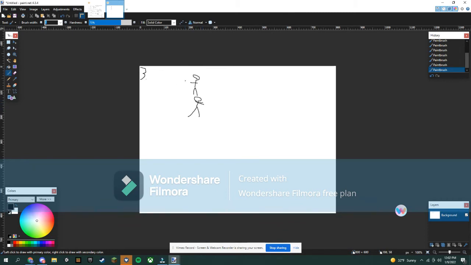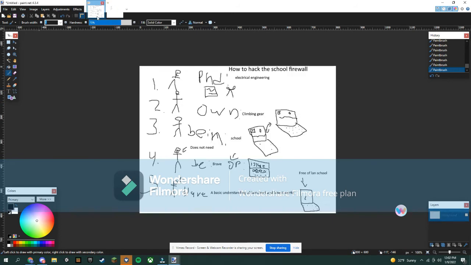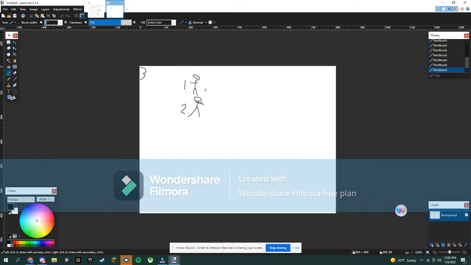They are going to have a blueprint of the school's electrical grid and wire cutters. Person number 1, with their combined knowledge with the PhD in electrical engineering and the school's electrical grid blueprint, it's going to be quite easy for them to figure out where the school's power line is.